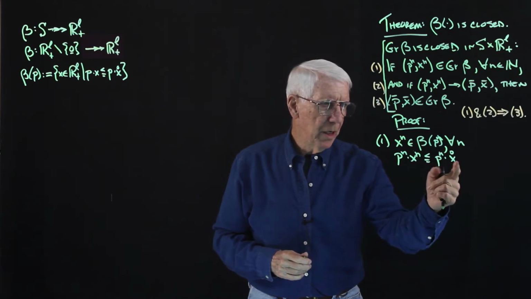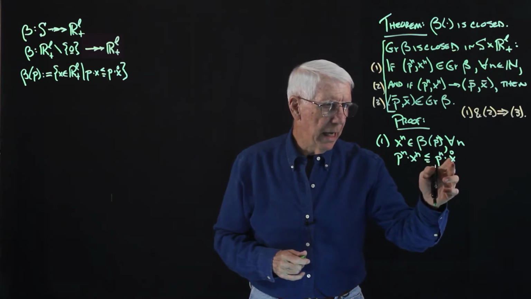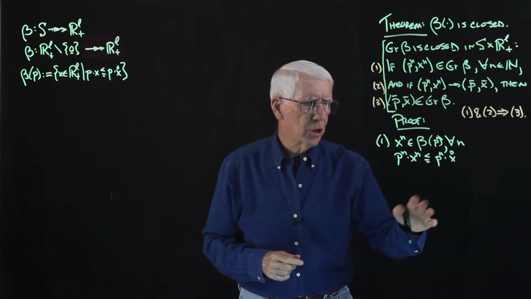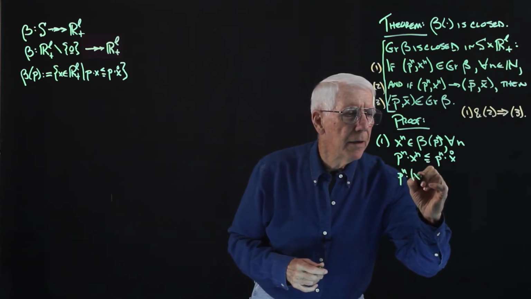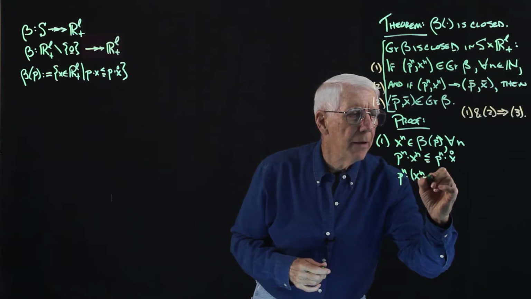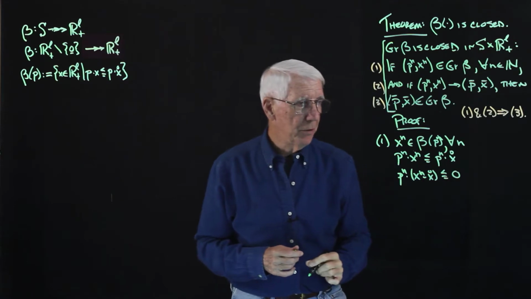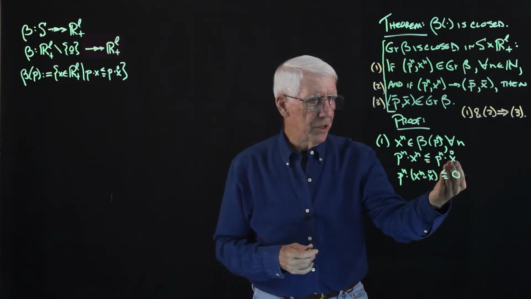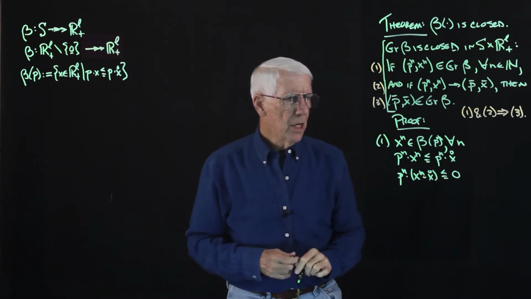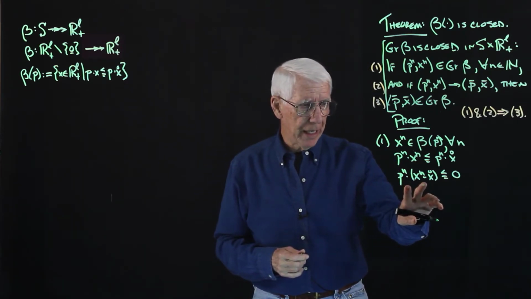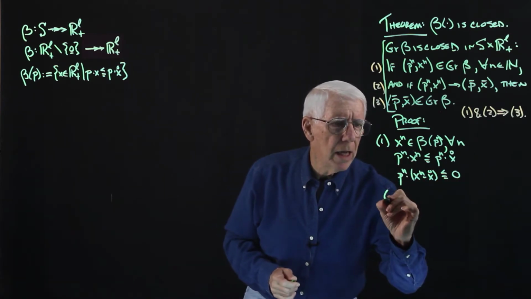So in effect, I'm going to subtract off Pn dot X circle from each side. So we'll have Pn dot (Xn minus X circle) is less than or equal to the real number 0. So now we have a sequence of real numbers on the left-hand side, and every term in the sequence is less than or equal to 0.